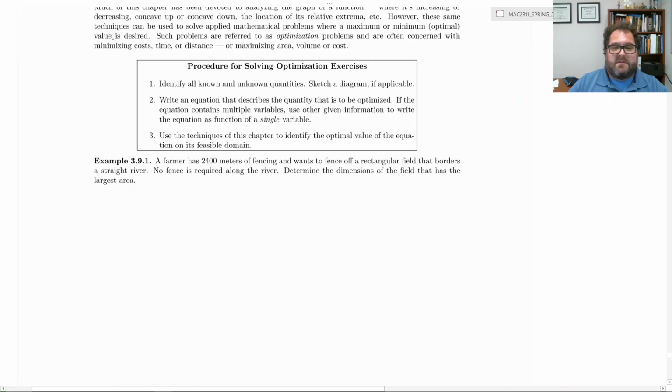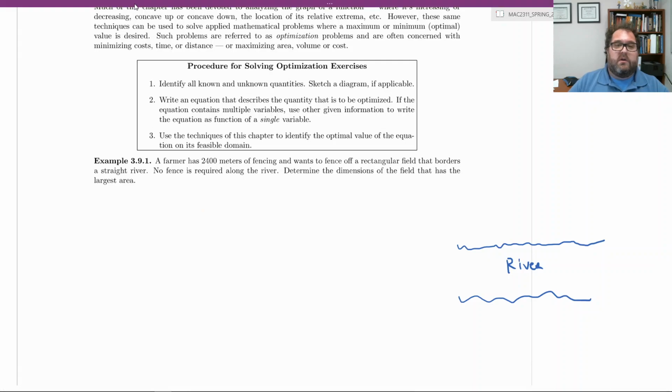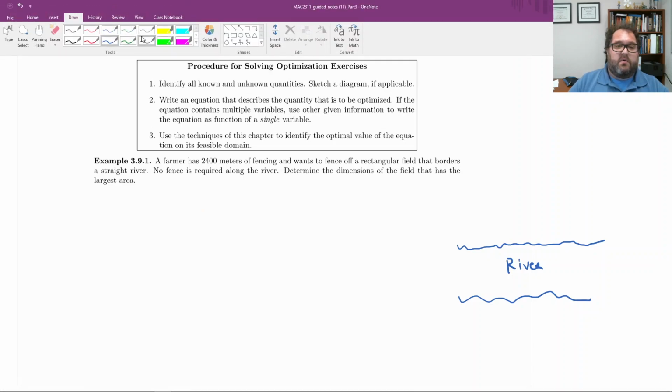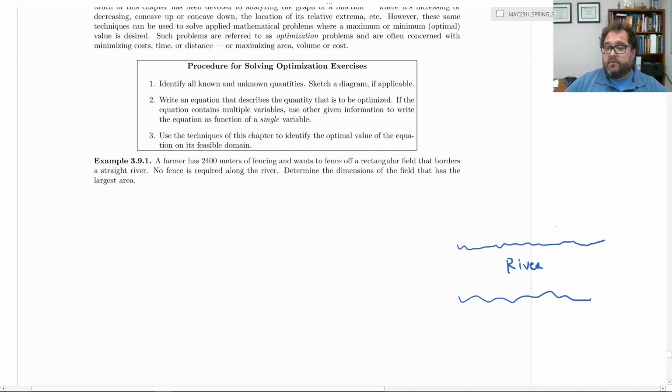Probably every calculus textbook includes this. The situation might be a little bit different, but basically you don't need a fence on one side of a corral or something like that, or a field. So here's a river in blue. Now let's say we have a corral over here or a field, and it's going to be rectangular, we're told.